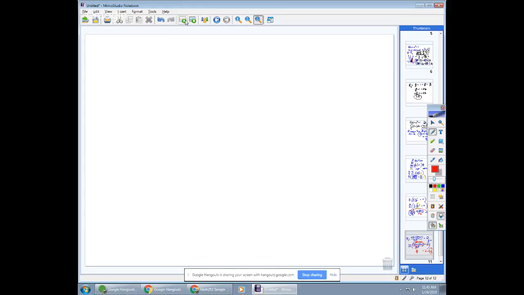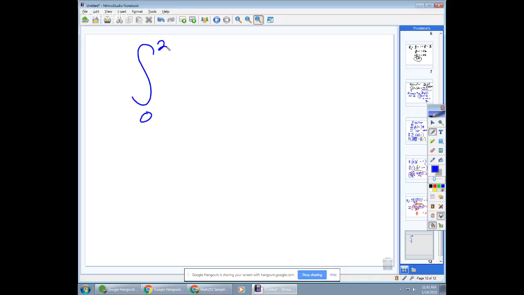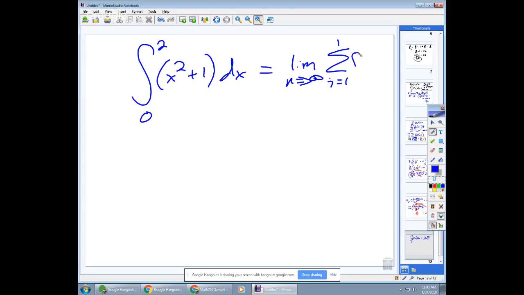So we're going to check that that's true by going back to the definition. Remember, our definition said that the definite integral from 0 to 2 of x squared plus 1 dx is supposed to be equal to that limit of the sum as n goes to infinity, i goes from 1 to n of our f of x dx.